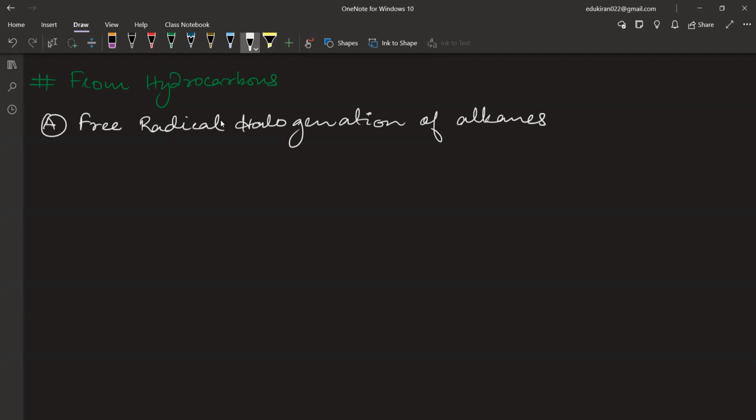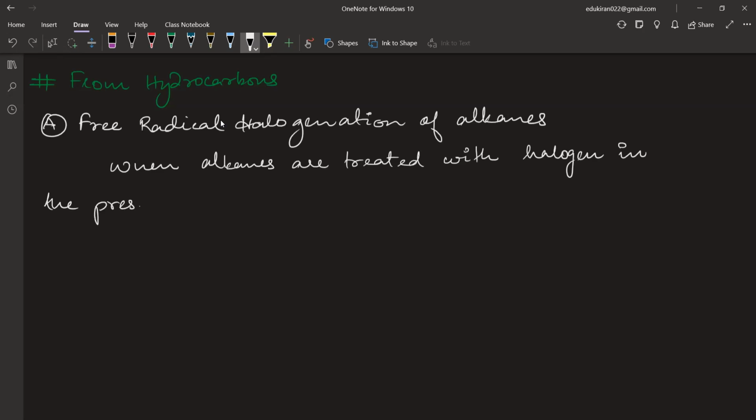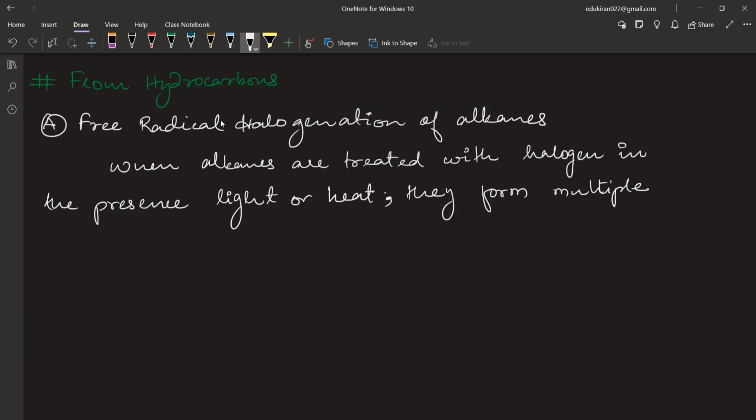So you write here, when alkenes are treated with halogen in the presence of light or heat, they form multiple isomers of mono and polyhaloalkanes.